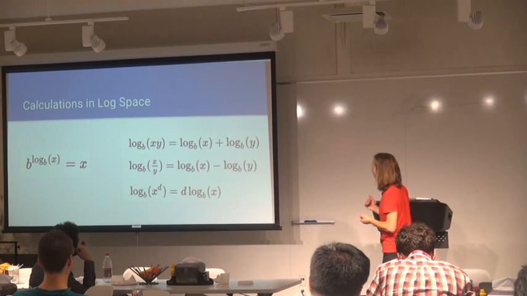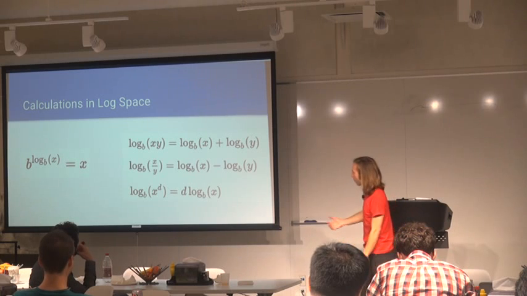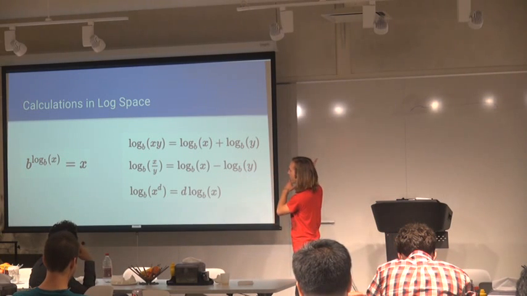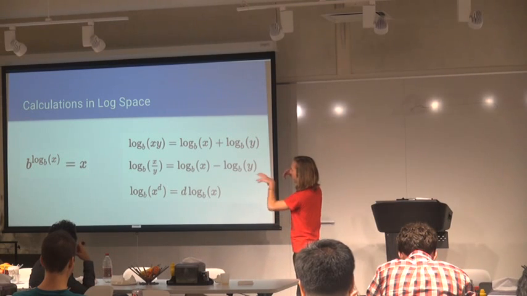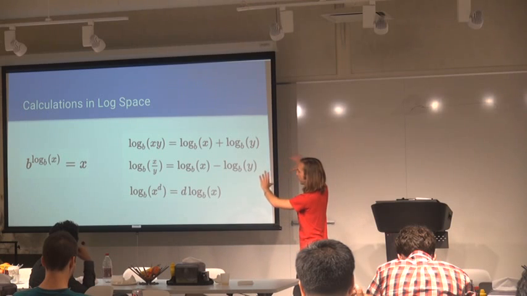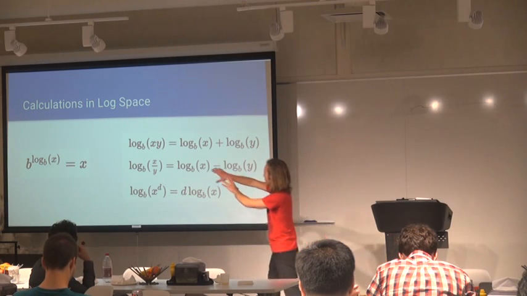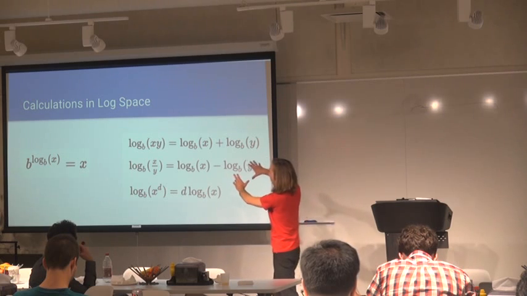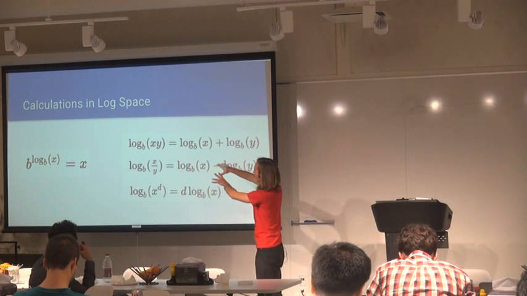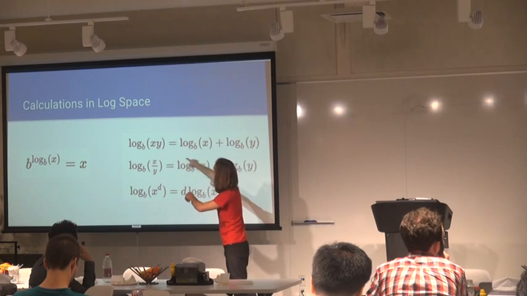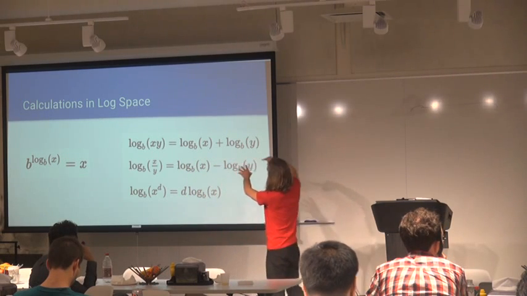Basically x represents that Haskell code that I put in. So you say b to the power of log base b of that expression I made, and then you work through these. If that expression started with a multiplication, you could distribute that log b xy into log base b x plus log base b y.